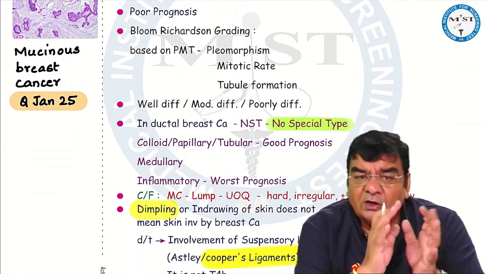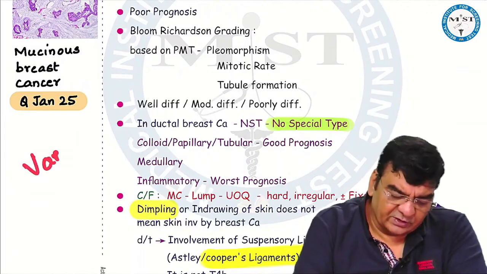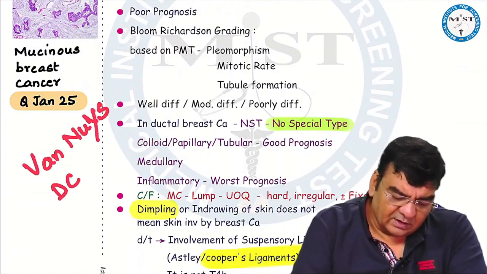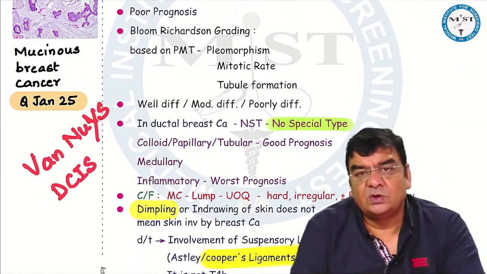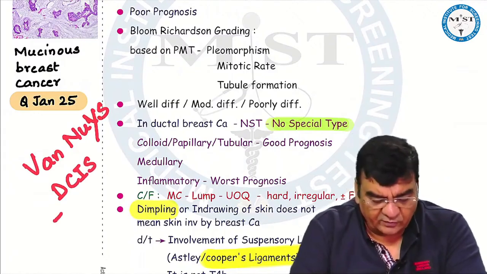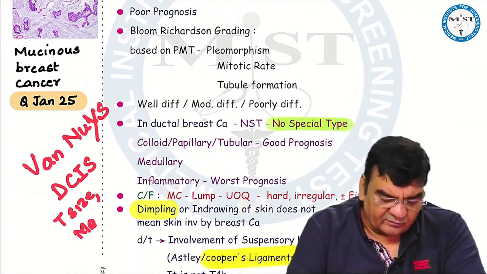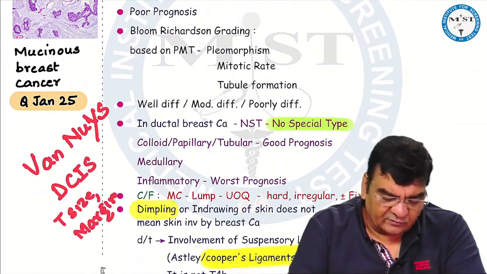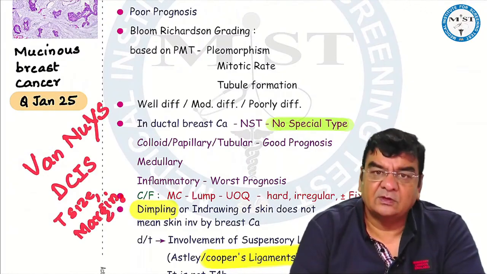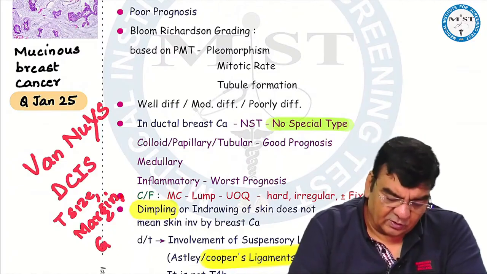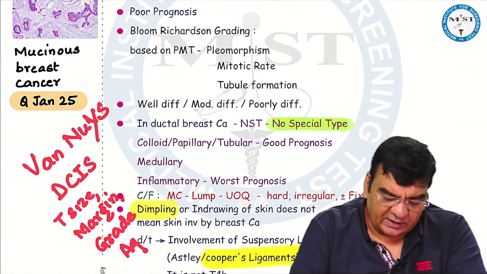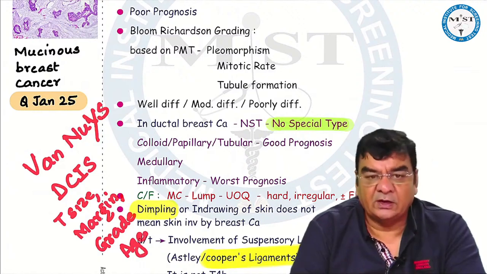There is a Van Nuys classification which can be done for ductal carcinoma in situ, and this comprises the tumor size, the margin which the surgeon has taken for resection, the pathological grade of the tumor, and in the modified Van Nuys, the age of the patient is also included.